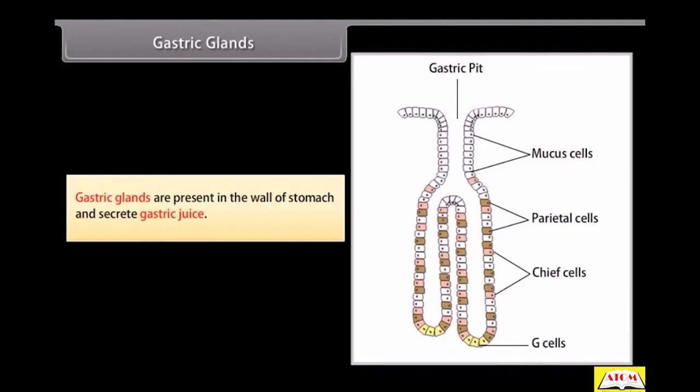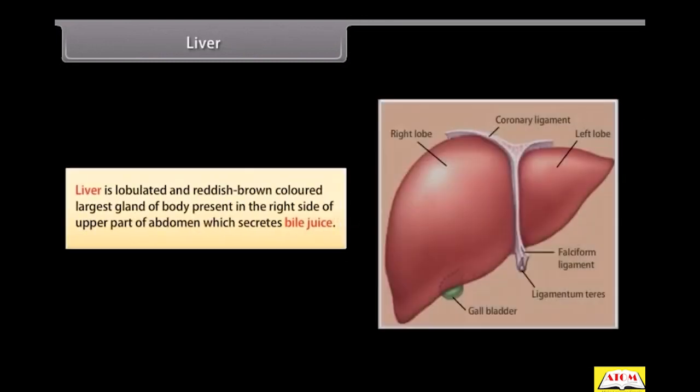Gastric glands. Gastric glands are present in the wall of the stomach and secrete gastric juices. Liver. Liver is a lobulated, reddish-brown colored, largest gland of the body present on the right side of the upper part of the abdomen, which secretes bile juice. Pancreas.